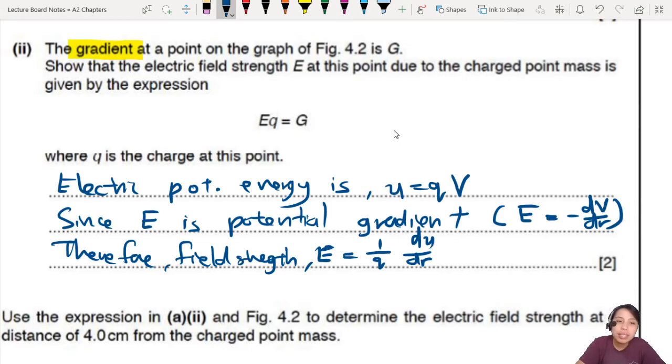If you can talk about this thing, then you should be good, because this is 2 marks. First mark comes from you knowing how U and V are related, because we have a graph of U. Second mark comes from you knowing how to relate gradients to quantities. So E is a potential gradient, but we need to find the potential energy gradient, which is this.